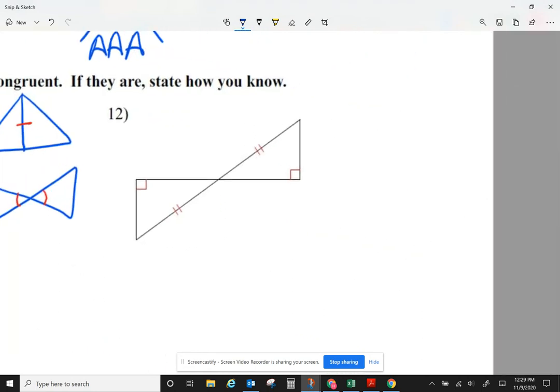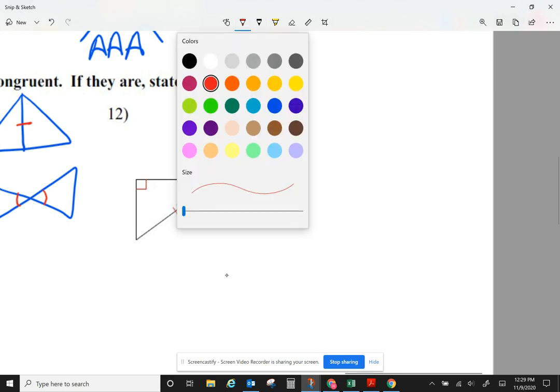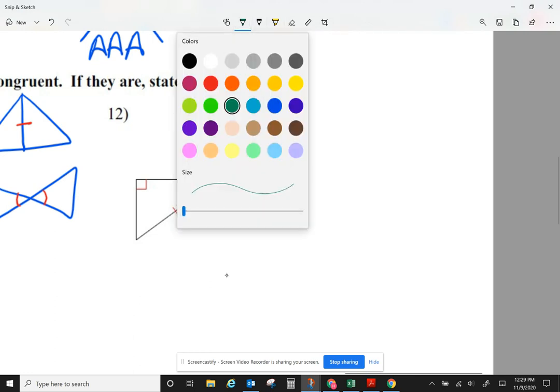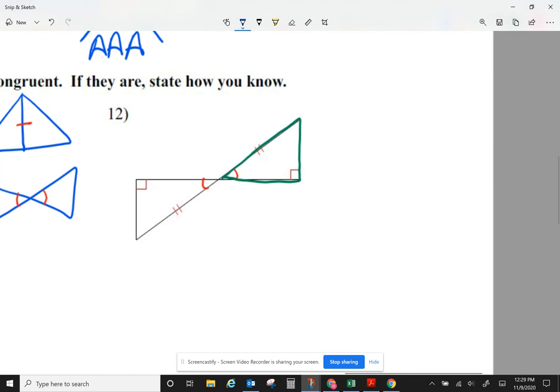Looking at question number 12. I can legally mark this angle with this other angle, right? Vertical angle theorem. Let me take a look at one triangle. I always ask myself, from what is marked, it's either two angles or two sides marked, two of something. I notice that there are two angles marked, so I'm going to put my two A's.